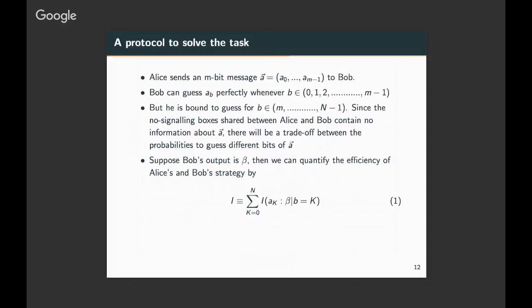I'm not so properly familiar with mutual information, but okay. So I should tell you some information calculus also. Normally we quantify information using entropy. Suppose there is a random variable X, which takes different values with probabilities P1 to Pn.